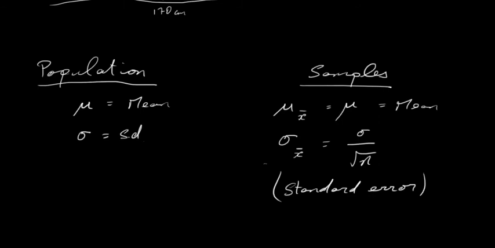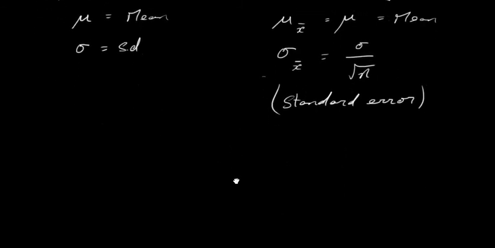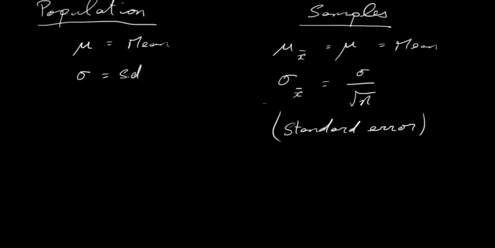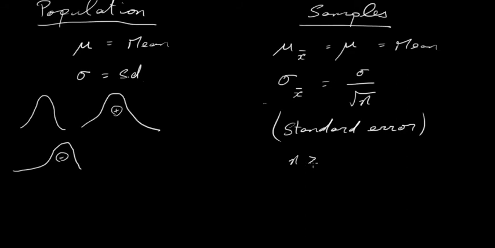So what about the distributions themselves, the shape of the distributions then? Well, whatever shape our population is, whether it's normally distributed, right skewed or positively skewed, or left skewed or negatively skewed, if our sample size n is greater than or equal to 30, then the sampling distribution of our sample means will be normal.